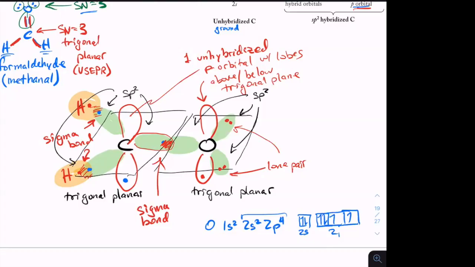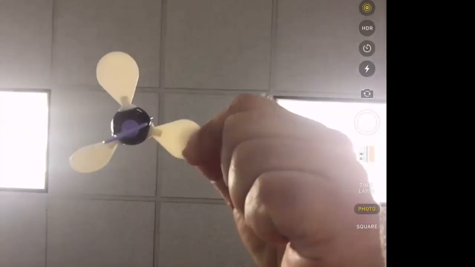With all of these sigma bonds, the shared electron density is along the bond axis, as shown. Here is my model of the carbon. And the white lobes are the 3 sp2 hybrid orbitals in a trigonal planar organization.